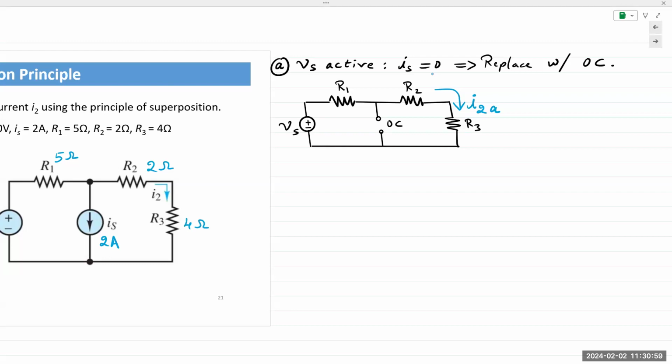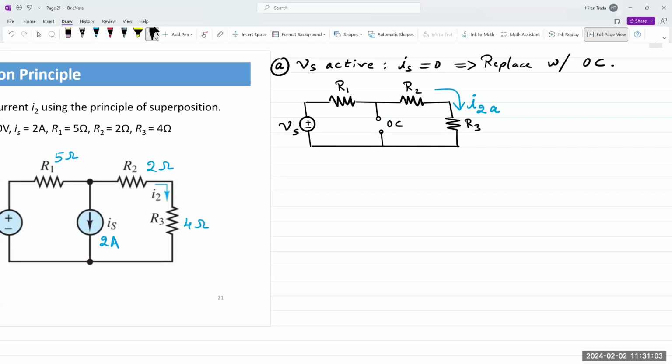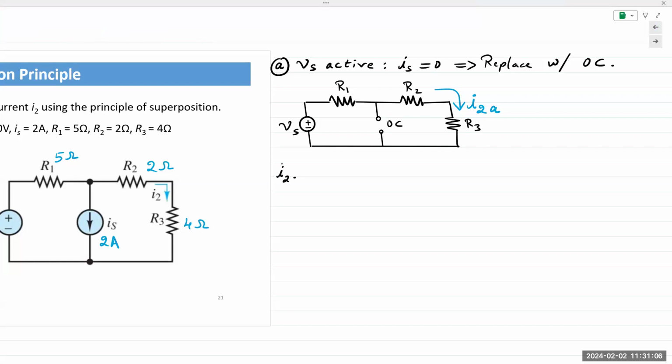So I can say I2A is simply equal to Vs over Req, and Req is R1 plus R2 plus R3. So it's simply 10 volts divided by 11.